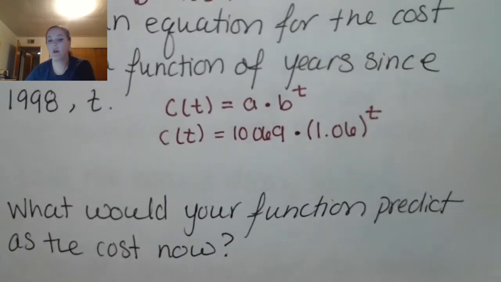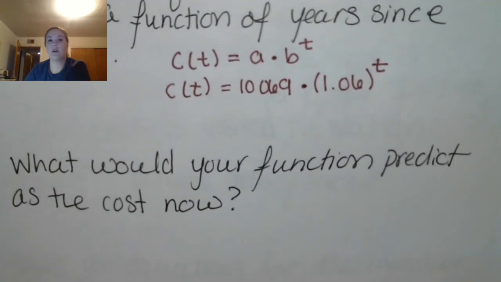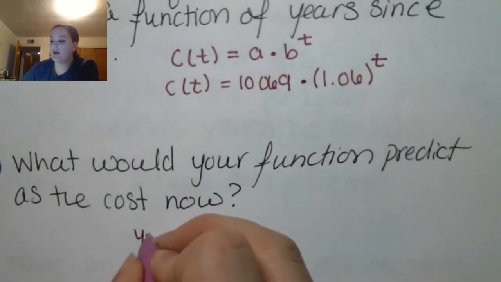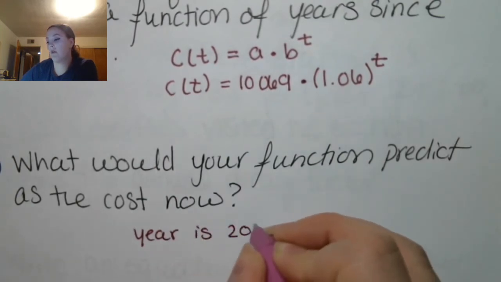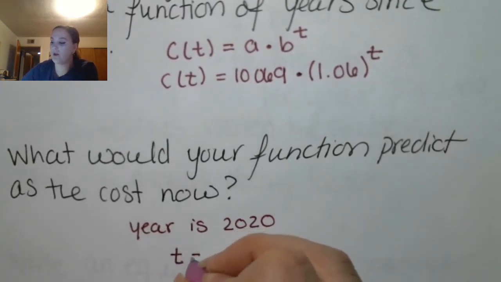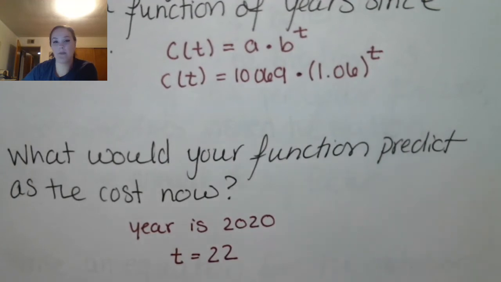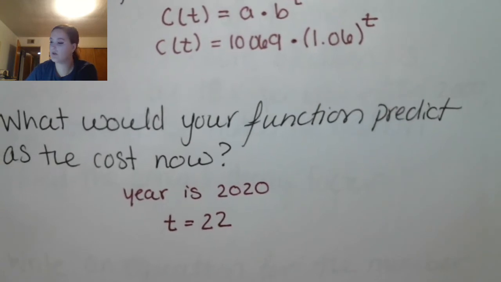What does your function predict as the cost now? So now we know that the year is 2020. How many years has it been since 1998? Well, it's been 22 years, so our value for t is going to be 22 years.